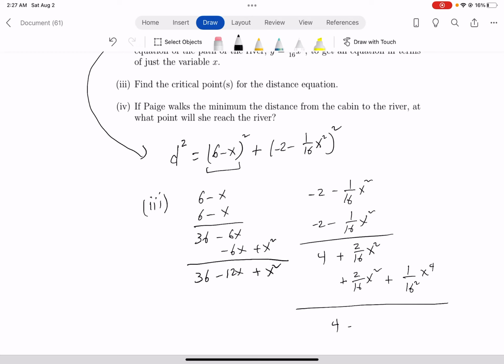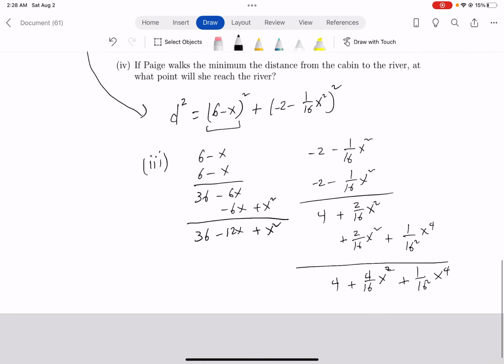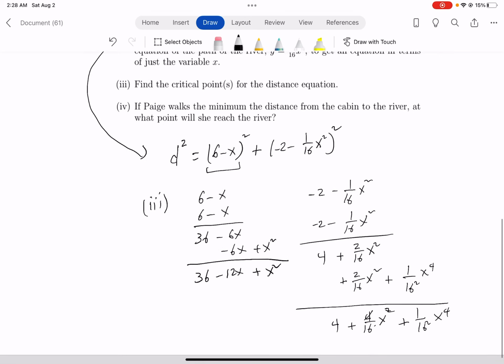Okay, 4 plus 4 over 16 x squared plus 1 over 16 squared x to the 4. So remember, 4 over 16 is 1 over 4. So it's 4 plus x squared over 4 plus x to the 4 over 16 squared.